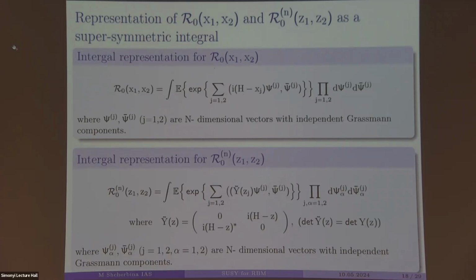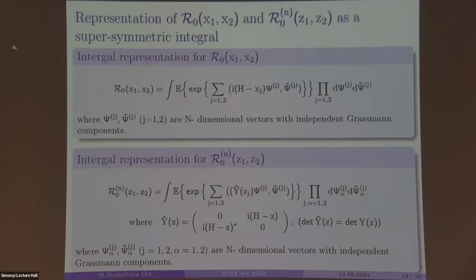Now, if I do like this, I obtain something like what is written here. I need to introduce two families of n Grassmann variables, then I can write the correlation function of determinants like here.